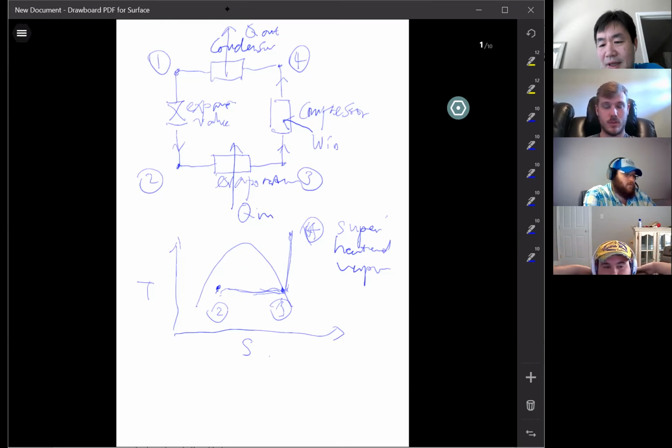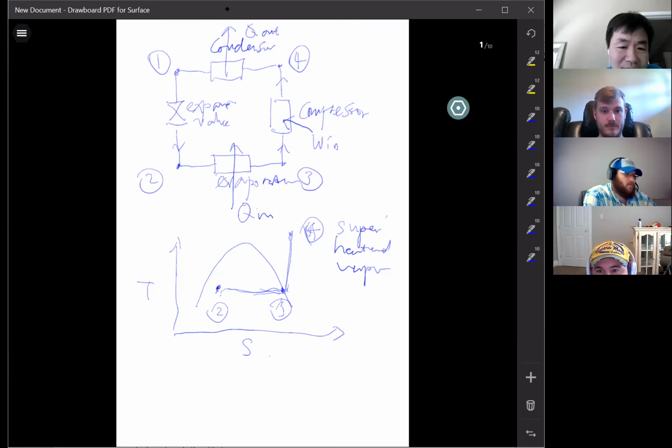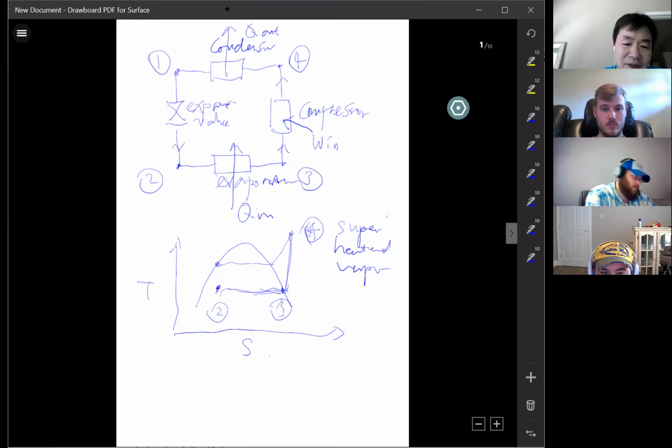You remove heat, cool it down. Yep. Then it becomes, well, it will go through this process, right? Reach the saturated liquid dome, then keep decreasing entropy, and then on the saturated line again, it's saturated liquid, right? Yeah.